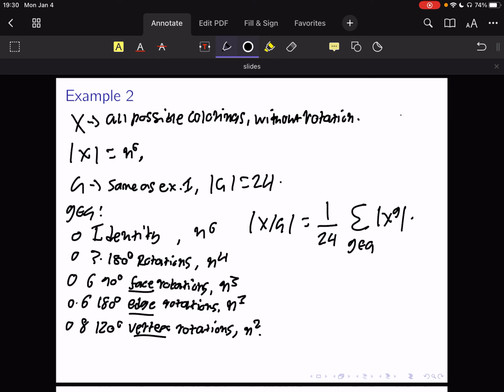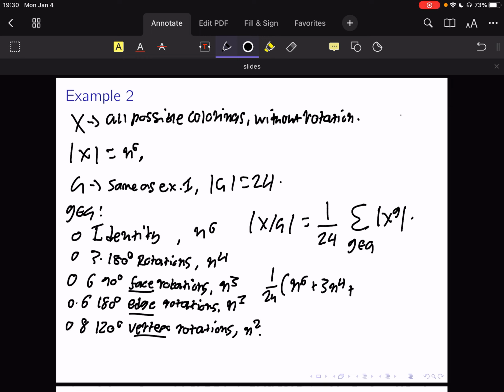All we have to do is add these up. So we have 1 over 24 times, the identity has n to the 6. Then the 180-degree rotations have n to the 4, and there are 3 of them, so 3n to the 4.